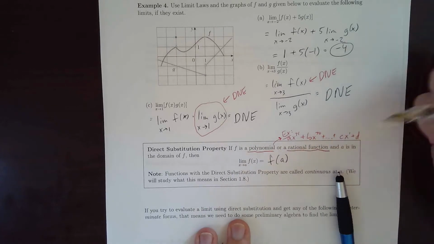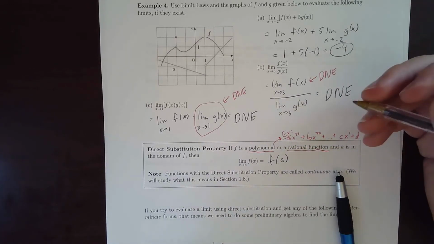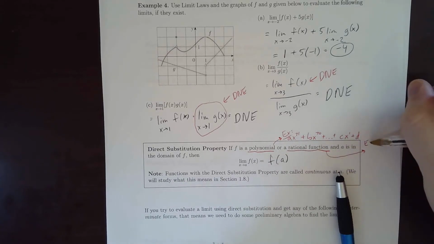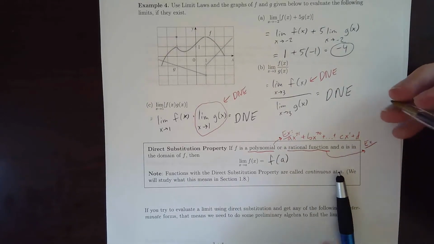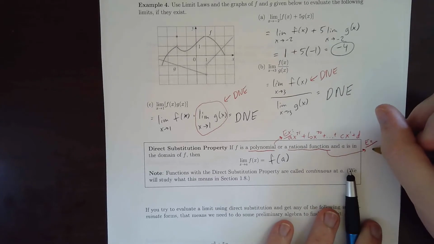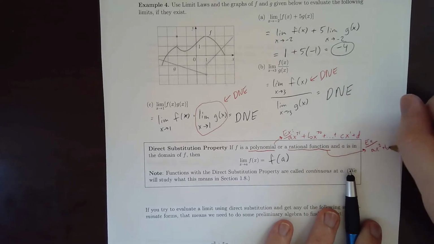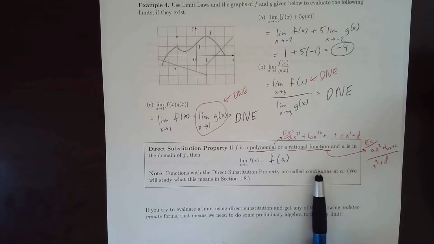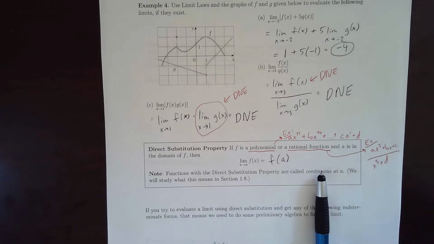Or a rational function. This is where you have a polynomial divided by another polynomial. As an example, if you had ax squared plus bx plus c over x cubed plus d, where a, b, c, and d are all real numbers.